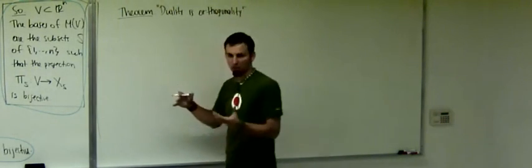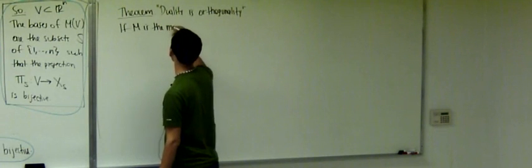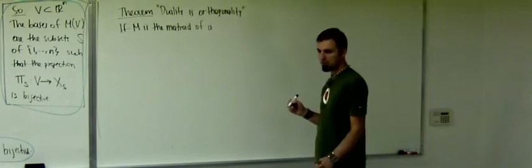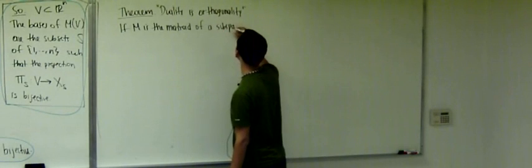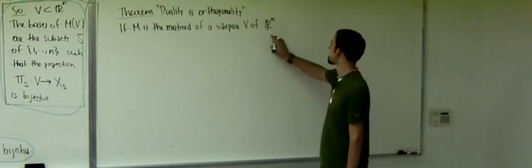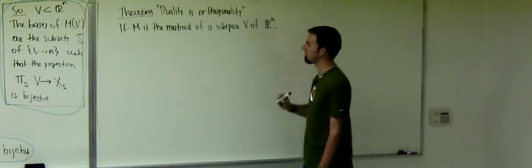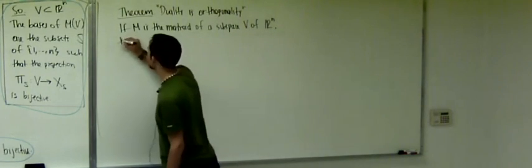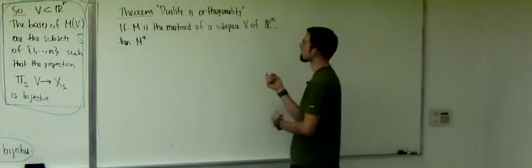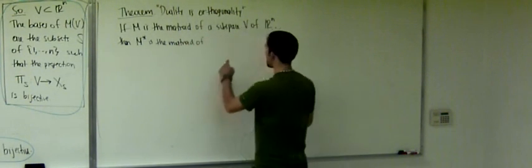It means if you have a subspace, and let's say that M is the matroid of a subspace V of Rn (I'll say a little more about what happens if you're not in Rn), then the dual matroid that we defined last time, completely in a combinatorial way, is exactly the matroid of the orthogonal complement of V.